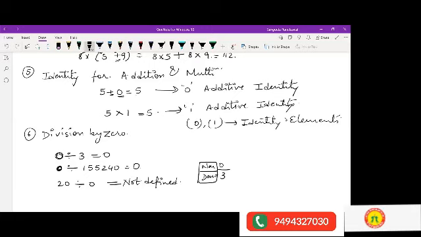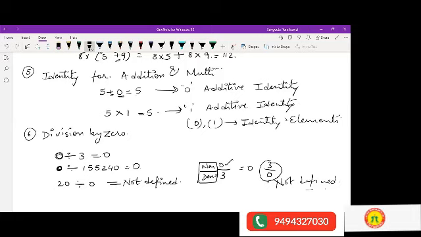If you have 0 in the numerator, of course your answer will be 0. But if you have 0 in the denominator, then your answer will be not defined. We can't divide it. So this will be undefined. Dividing by 0 is not defined.